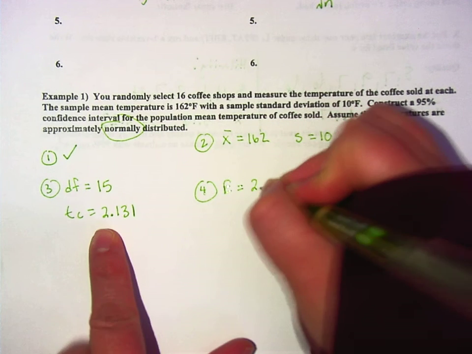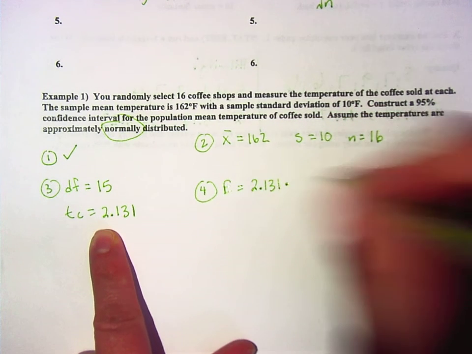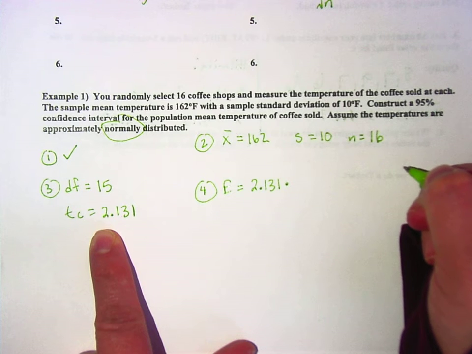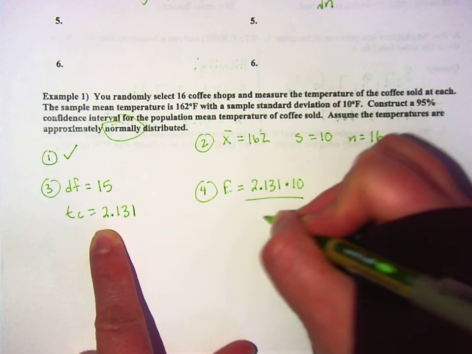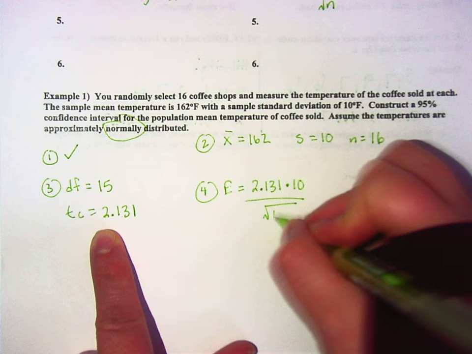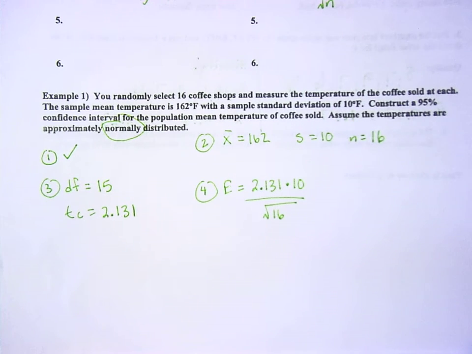Error is going to be 2.131 times s, which was 10, divided by the square root of 16. So in your calculator right now, take 2.131 times 10 divided by 4.